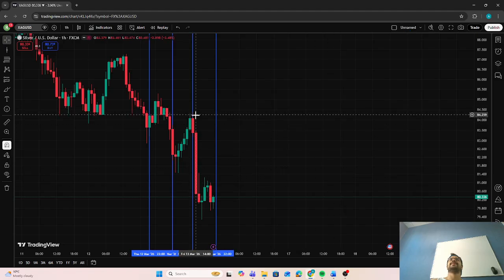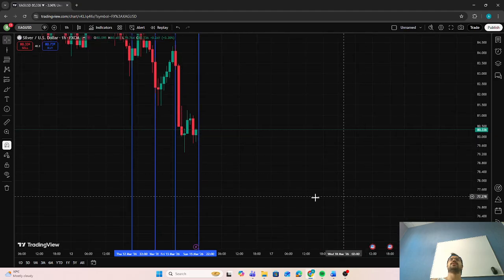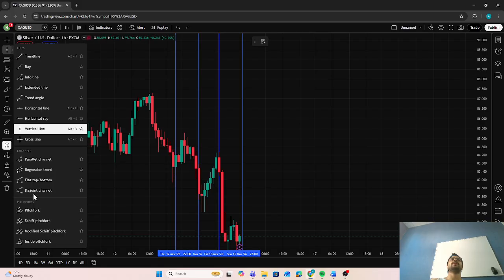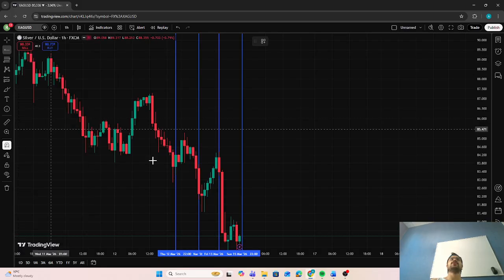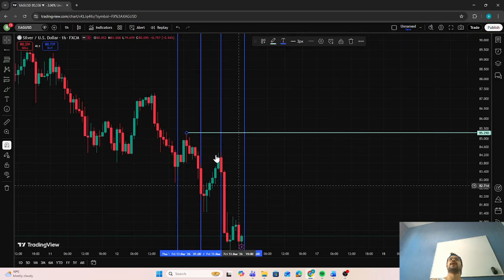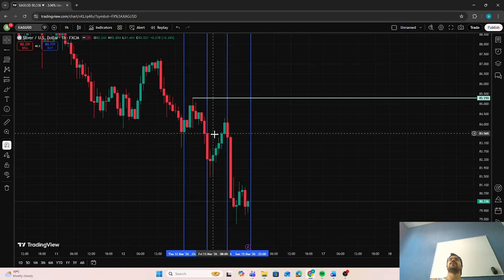Up top, you can't call this a liquidity sweep. Price did shoot down. That's a liquidity sweep, right? But I like to use liquidity sweeps and order blocks as places of setting my stop loss. The most important, even more important than setting your take profit, is setting your stop loss to mitigate risk. Okay? There you go. There's our liquidity sweep. That's our stop loss right there.